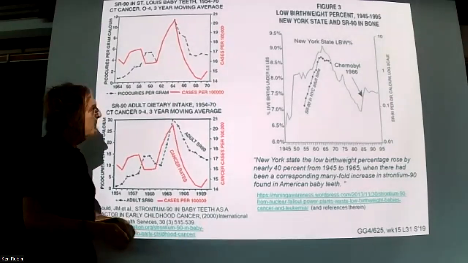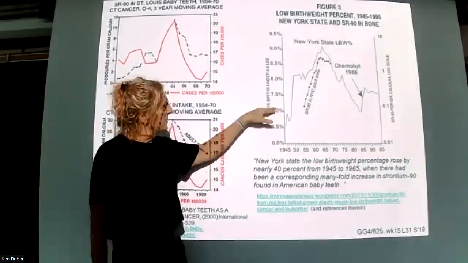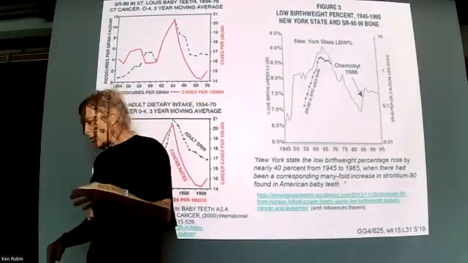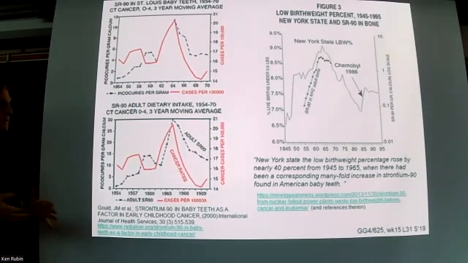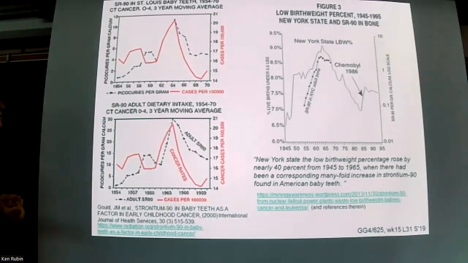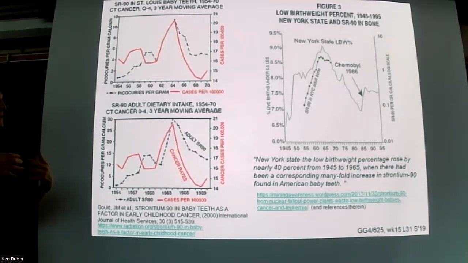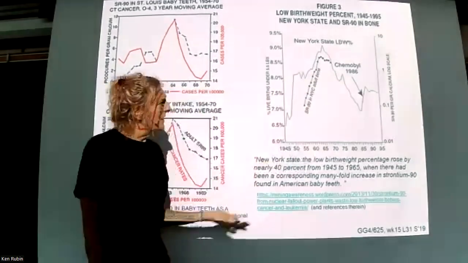I don't know what is defined as low, but before above ground testing, the typical value was somewhere between 6.5% and 7%, and it got up to about 9%. So obviously there are some people who are physiologically more susceptible to the contamination and would end up with cancer, but a much larger amount of the population was experiencing stunted growth during the gestational period.